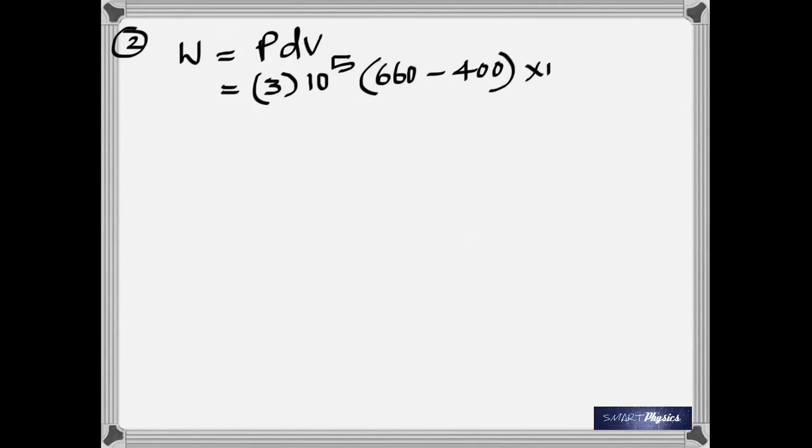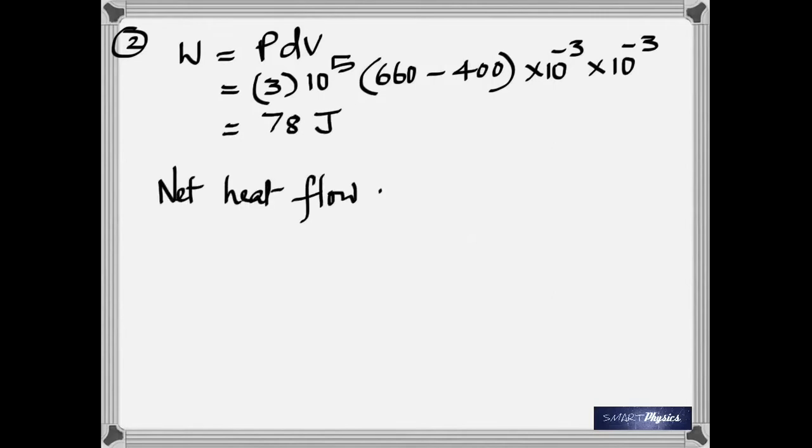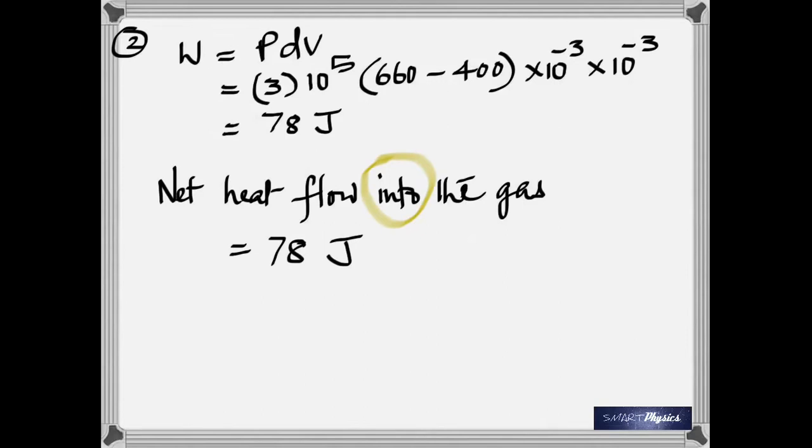Ten to the power 5 is approximately 1 atm in pascals. And you've got to change milliliters into meter cubed, so that's why there's 10 to the negative 6. Net flow into the gas, 78 joules.